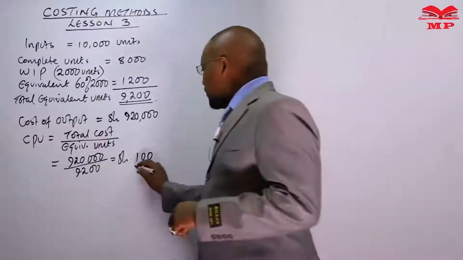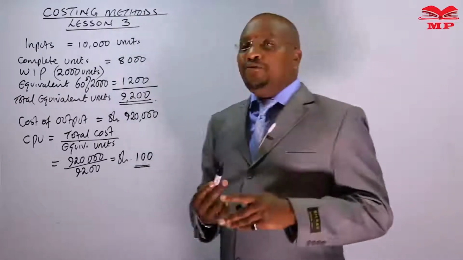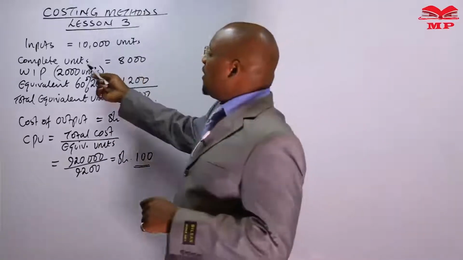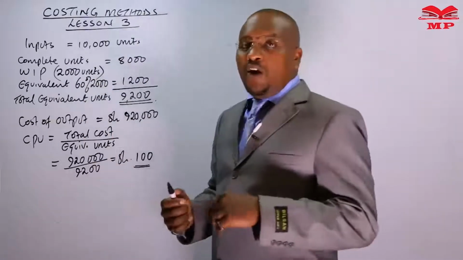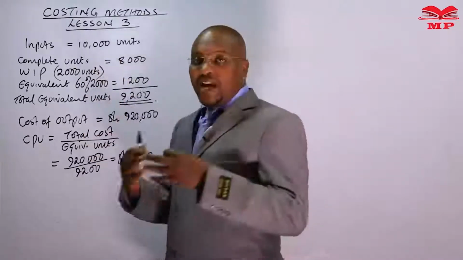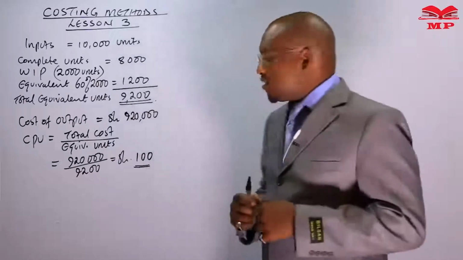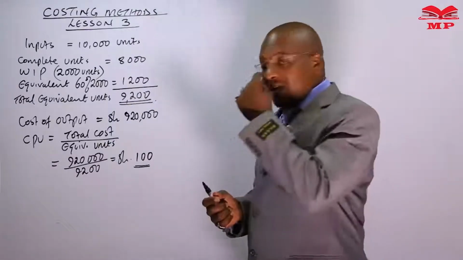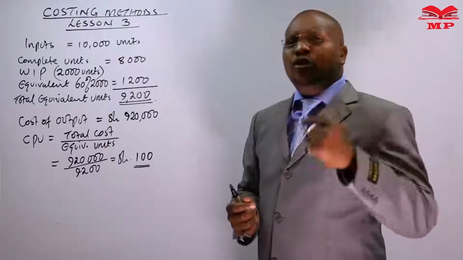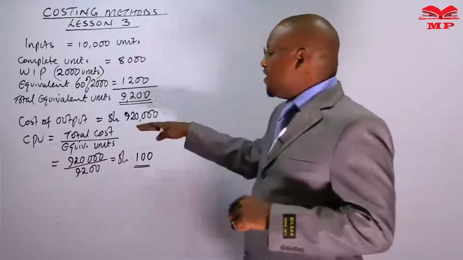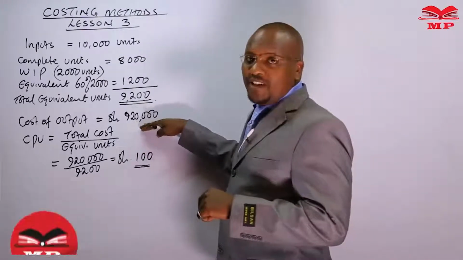Now, what does it tell you? It tells you that if you never used the equivalent units and you used the output to balance with the input, which is 10,000, and divided by 10,000, it's like saying that the cost shall be 92 shillings. But remember, not all units have actually shared this cost of 920,000.